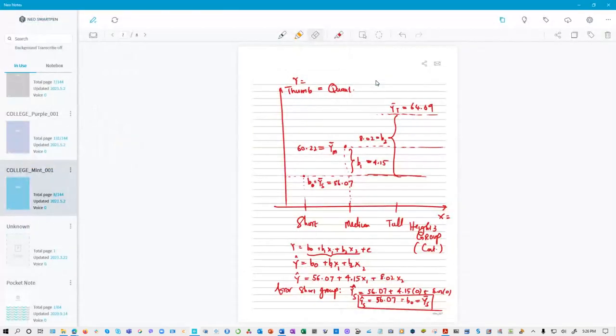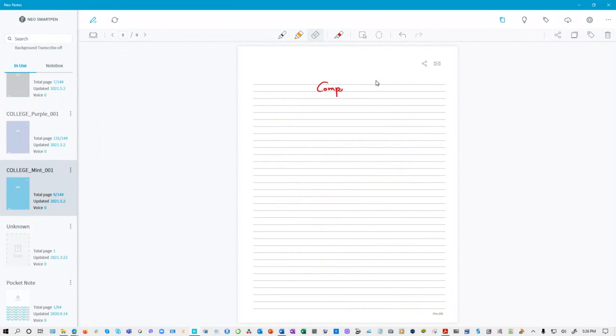Okay. So the comparison of categorical models. You're looking at the PRE, and you're looking at the SSM.